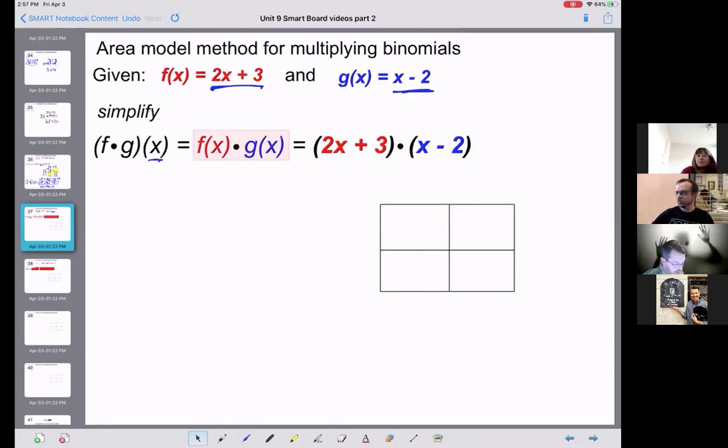Again, I just write it, it doesn't matter where you put your terms. I could put these 2 terms on the top, or I could put them on the side. It's up to you, as long as you keep them in order. But because I saw them first, I'll put them in the front. So I have 2x, and because I have to write this way, I can put plus 3.